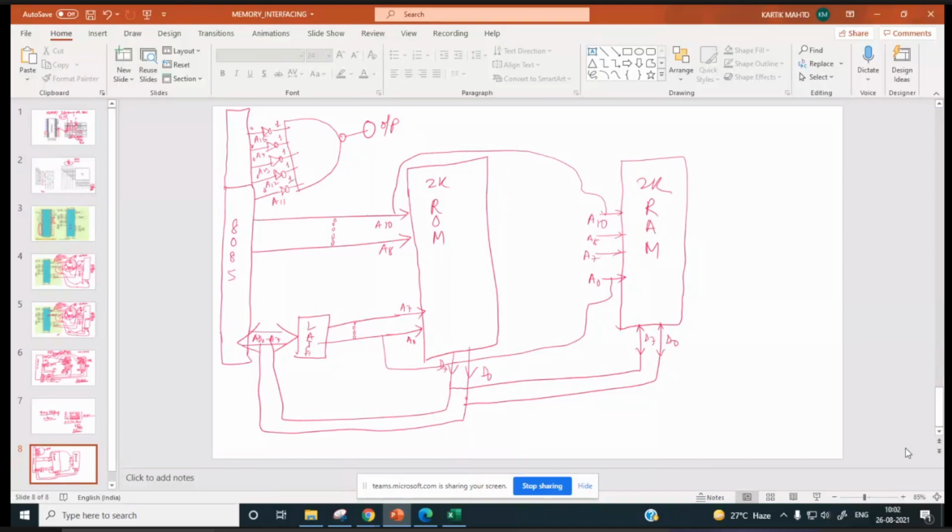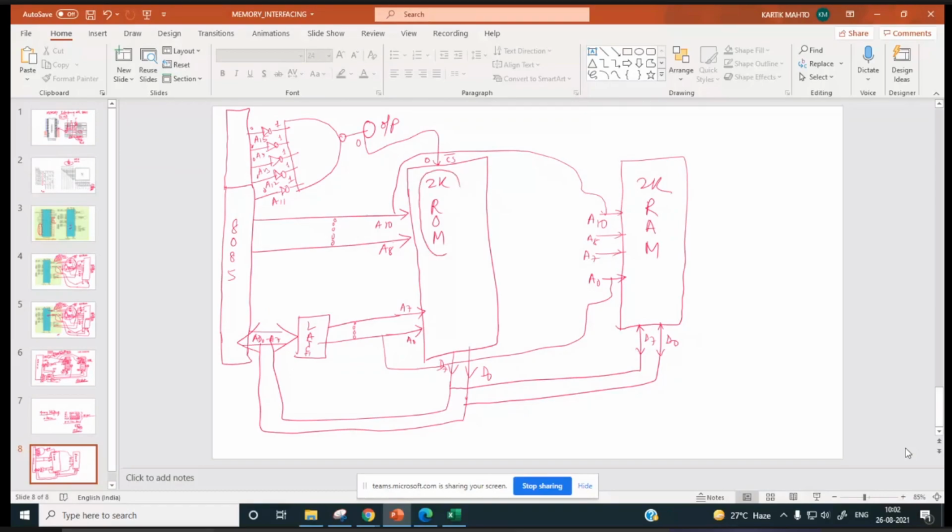Output of this NAND gate will be 0. Now if you connect this to this ROM chip as chip select bar, this is CS bar, this will be 0, so this ROM chip will be selected.